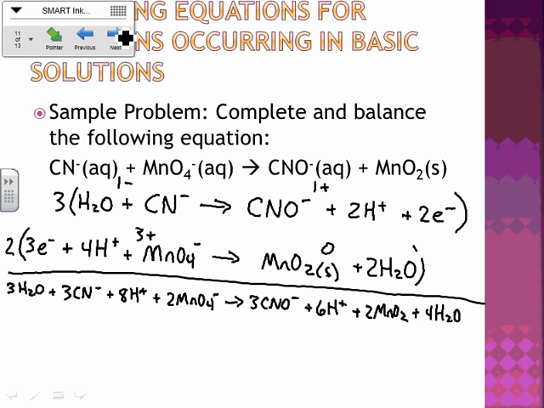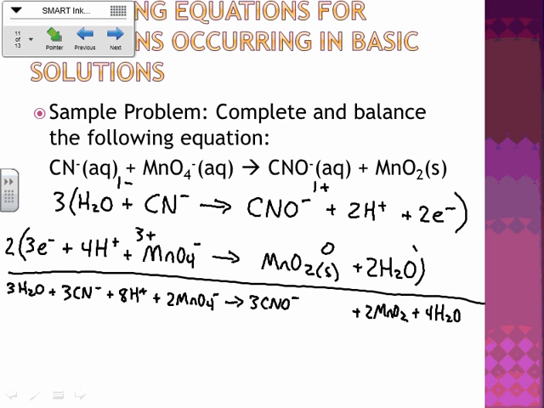Okay, now in this particular instance, we do have some things we can cross out on both sides of this thing. So just for the sake of space, I'm going to do some erasing here, but this 6H plus on this side cancels out with the 8H plus over here, right? So the net equation here is that we have 2 H pluses on the left side. Does everybody see that? Because 6 of those will cancel.